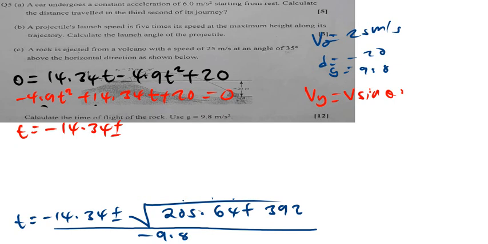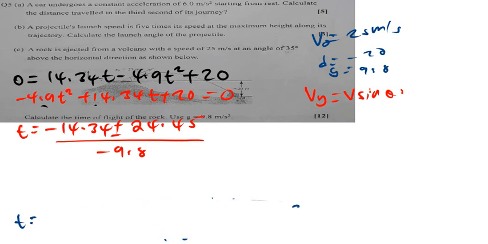Now the square root of this number is giving me 24.4466, which I'll just say is 24.45. Then I divide this by negative 9.8.